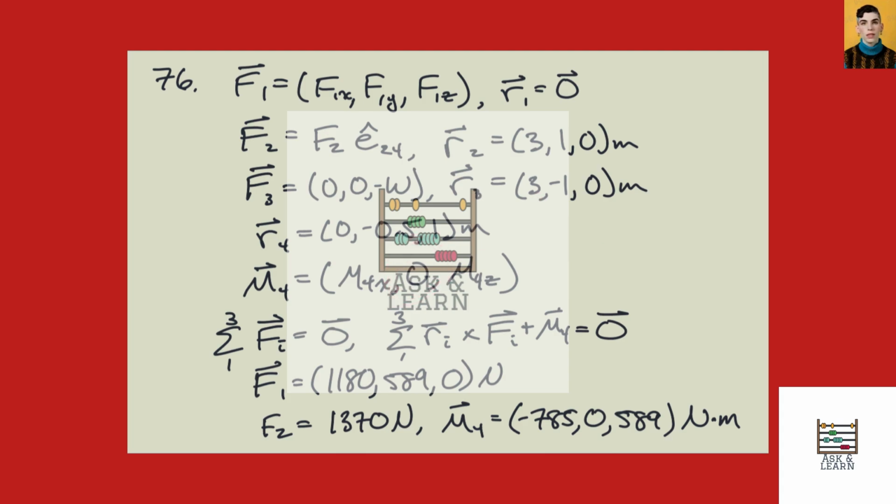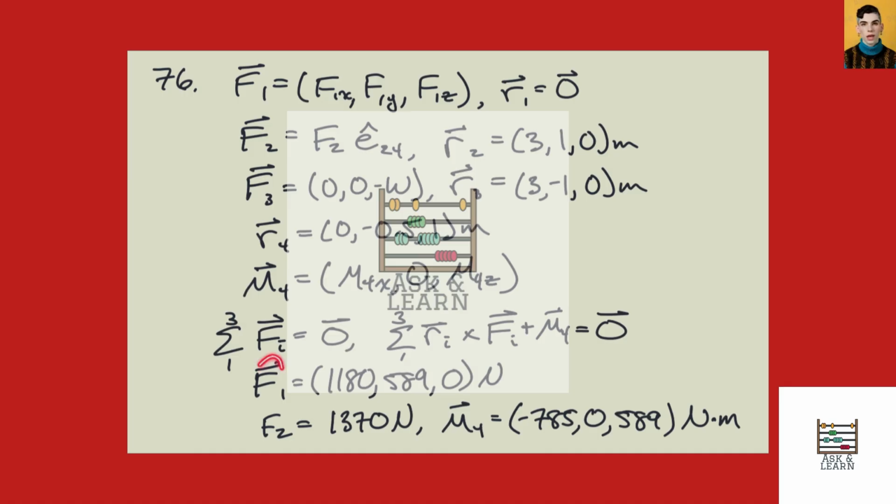And so we're left with 1, 2, 3, 4, 5, 6 unknowns. And we can get 6 equations from the force components and the moment components. And again, it's just a matter of being careful with the math.